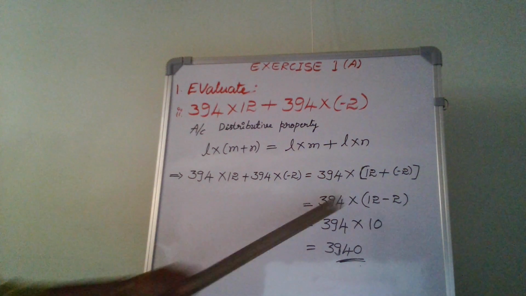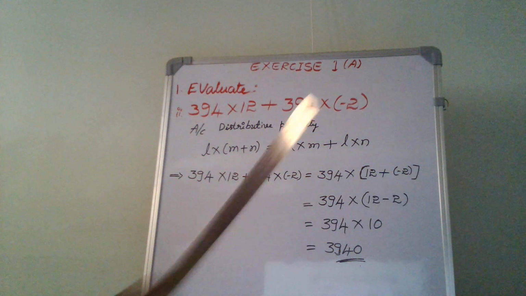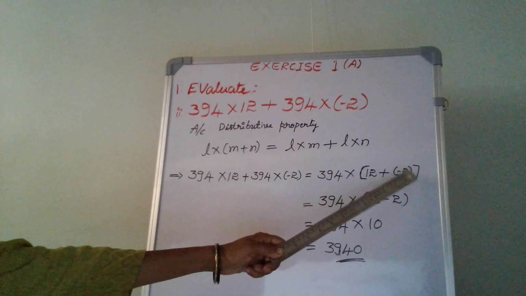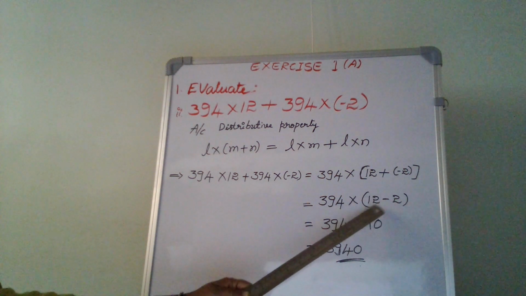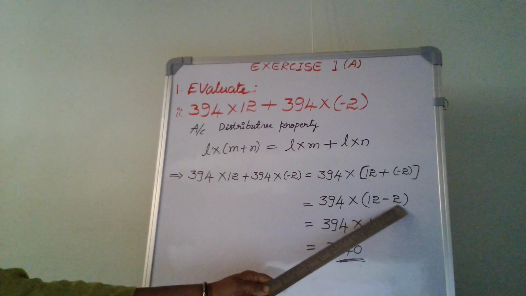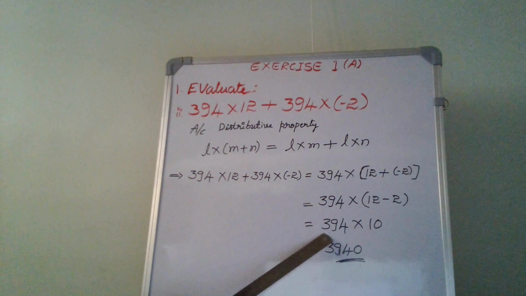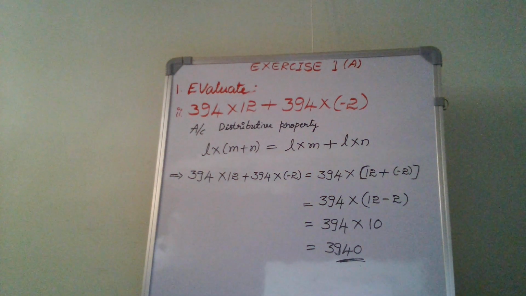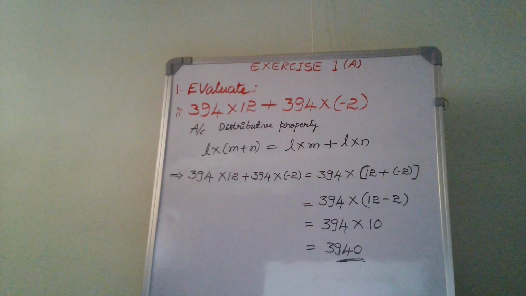So plus into minus is minus, so 12 minus 2. If you subtract 12 minus 2, you will get 10. 394 into 10 is equal to 3940. Understood?